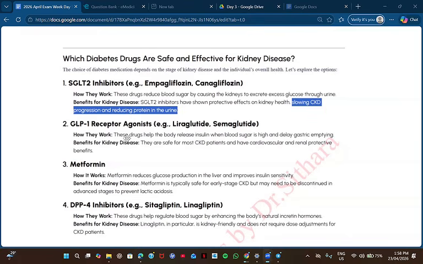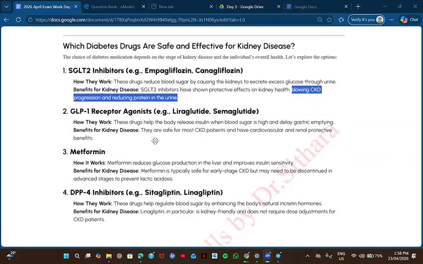Very important, doctor. So how do SGLT2 inhibitors work? These drugs reduce blood sugar by causing the kidney to excrete excess glucose through urine. As for kidney benefit, SGLT2 inhibitors have shown a protective effect on kidney health, slowing CKD progression and reducing protein in the urine.